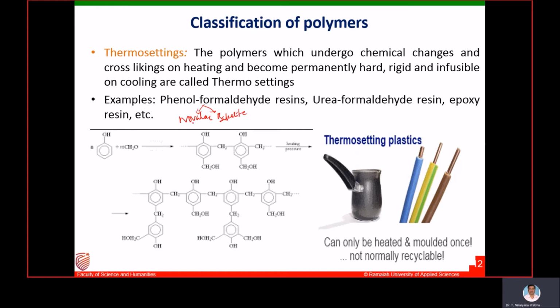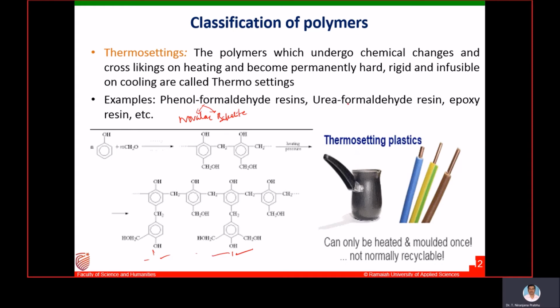Bakelite is cross-linked, Novolac is a straight chain polymer. So cross-linking can happen here, with further chain growth and cross-linking between chains. Novolac is a straight chain polymer. Here the formaldehyde concentration can be varied, and we can produce Novolac as well as bakelite depending on the formaldehyde concentration.